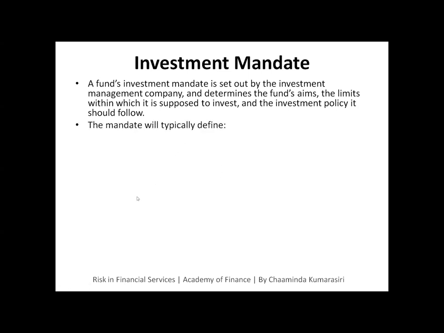Now here you can see in a mandate what we get, right? What's the support we get? As I told you, you will have the purpose or the aim of the fund so that the investors will evaluate it and decide whether that is something that they want to engage.